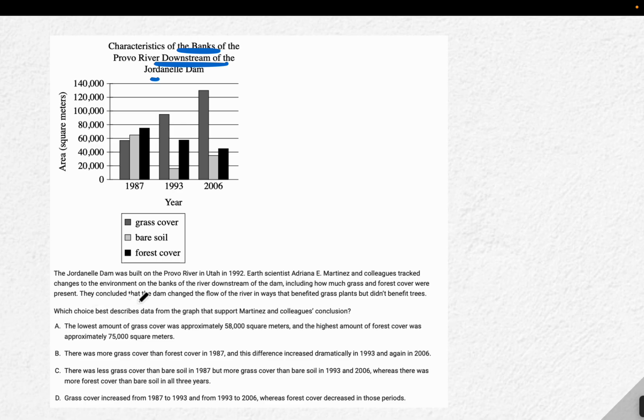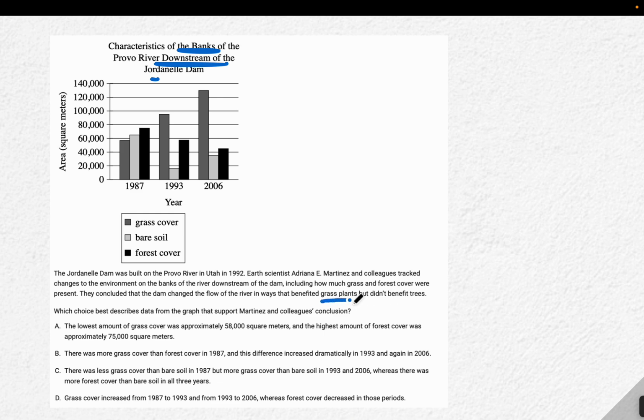They concluded that the dam changed the flow of the river in ways that benefited the grass plants but didn't benefit the trees. So it basically concludes that the dam led to changes that benefited the grass plants but not the trees.